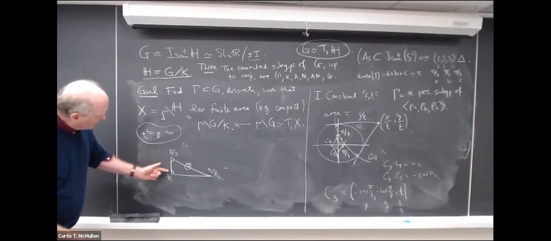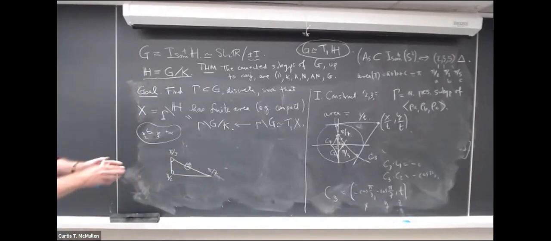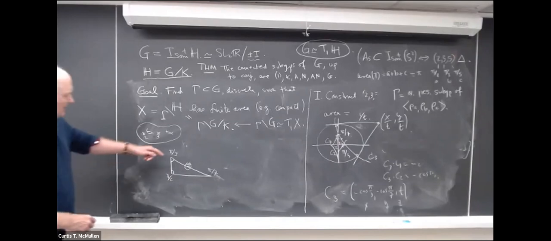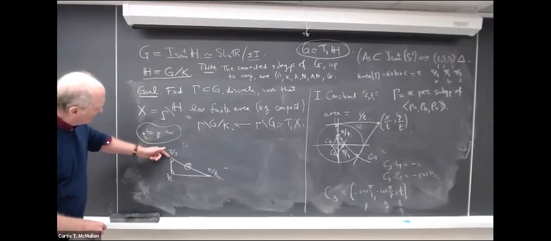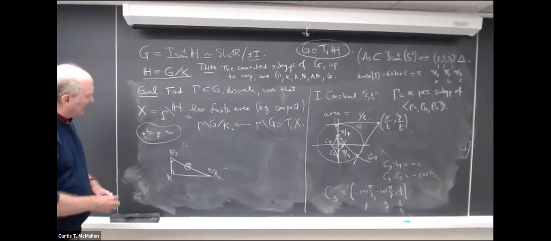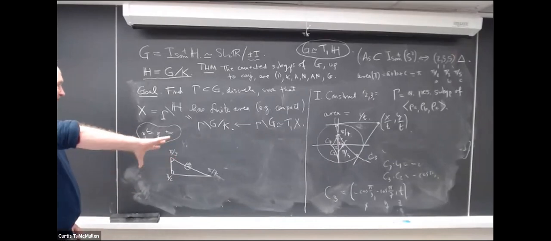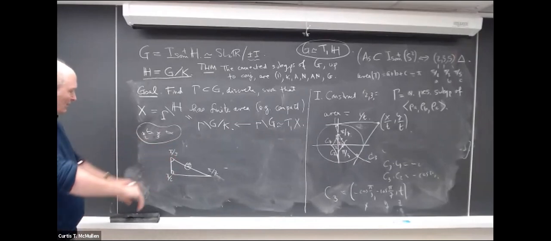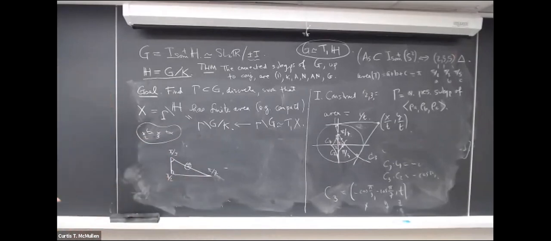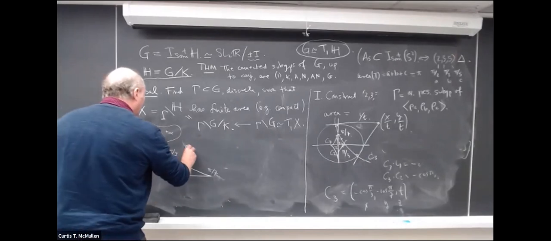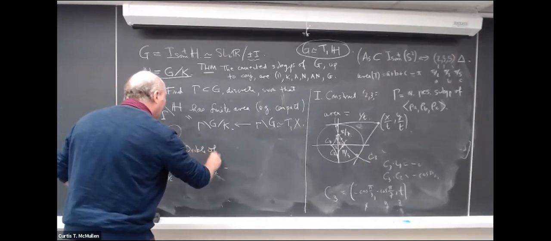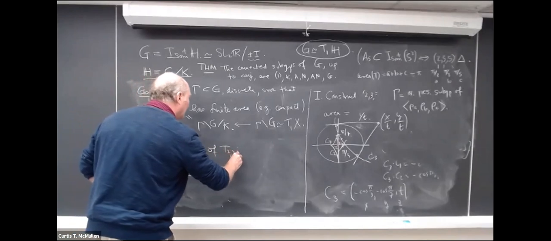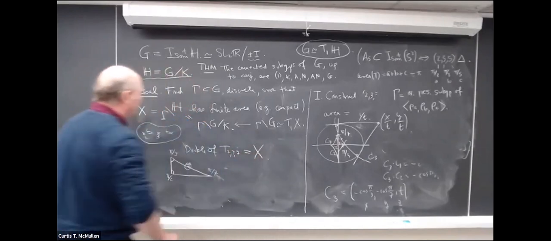And at the vertices, when we double, we get not quite a hyperbolic manifold structure, but a hyperbolic orbifold structure. Locally, the double looks like the quotient of the hyperbolic plane by a rotation of order 3 or of order 2 or of order 7, depending on which of the cone points we're examining. So this object, the double of the 2, 3, 7 triangle, we can call that X.